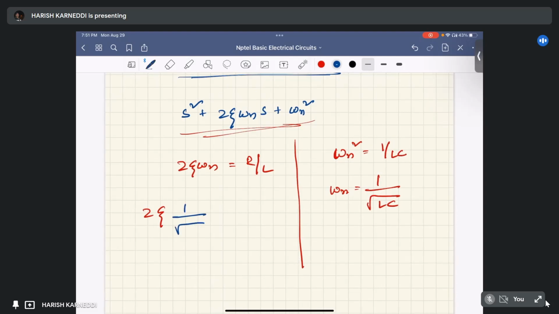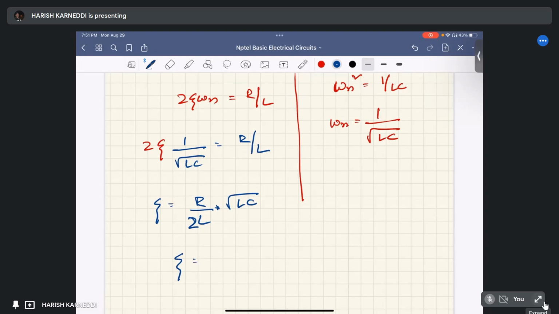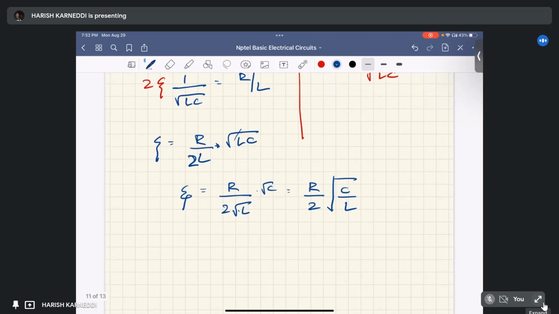So the value of zeta equals R by L, the 2 comes to the denominator, into root LC. Zeta equals R by 2, this L and the L under the root cancel, leaving root C by L. The damping ratio zeta equals R by 2 into square root of C by L.